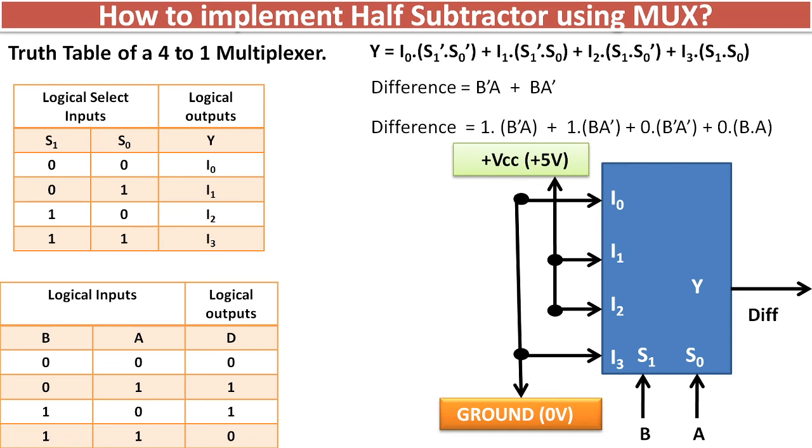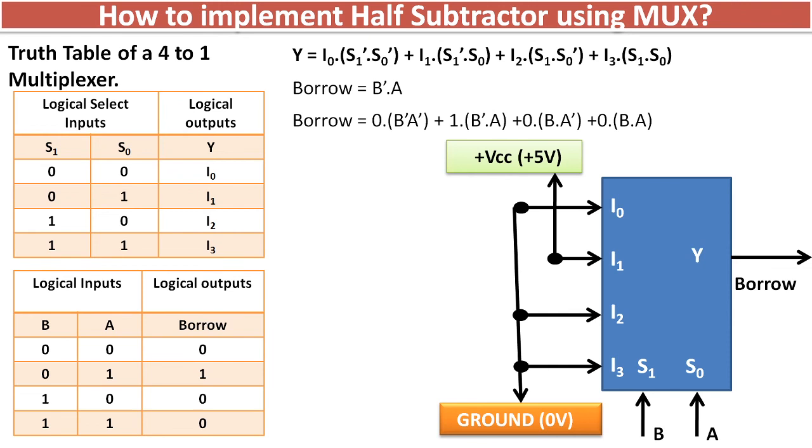Now if we talk about the output for borrow, the only difference here will be that the term that is being used here is separate from the carry. So again we'll have to expand this.